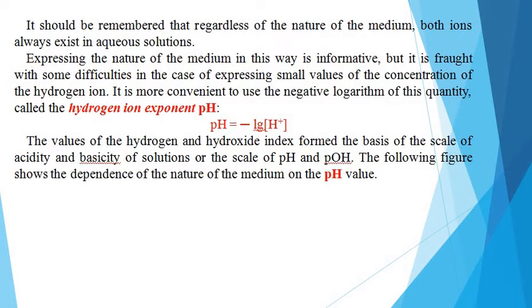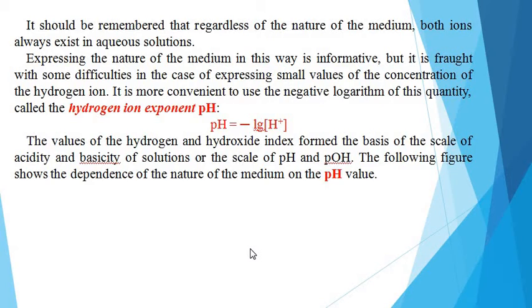Expressing the nature of the medium in this way is informative, but it is fraught with some difficulties in the case of expressing small values of the concentration of the hydrogen ion. It is more convenient to use the negative logarithm of this quantity, called the hydrogen ion exponent, which is equal to the negative logarithm of the concentration of hydrogen ion.